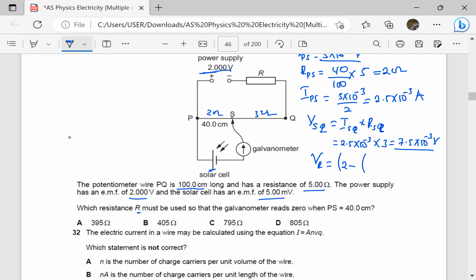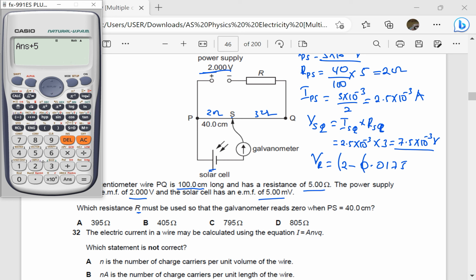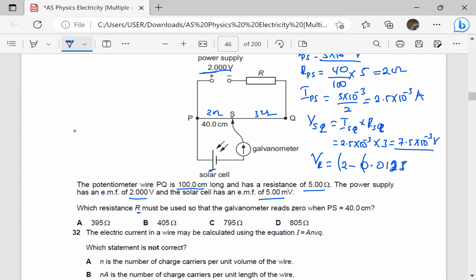So the PD across R is going to be 2 minus 0.0125. So if I add the PD across this plus this PD, that is 0.0125.